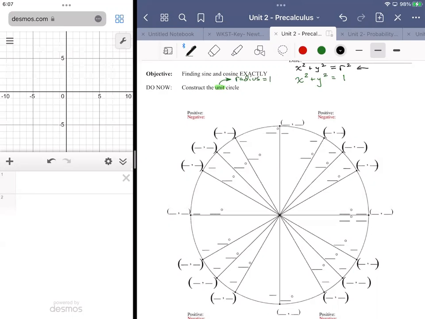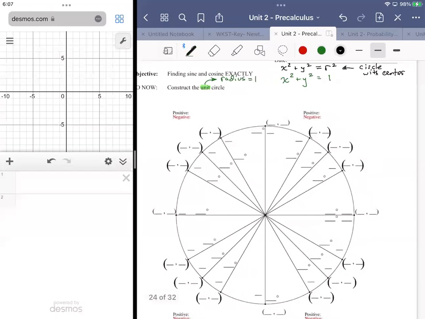So this is a circle with the center at the origin, and radius equal to 1. I'm sorry, radius equal to r. The one below it is the particular, right? Radius r.